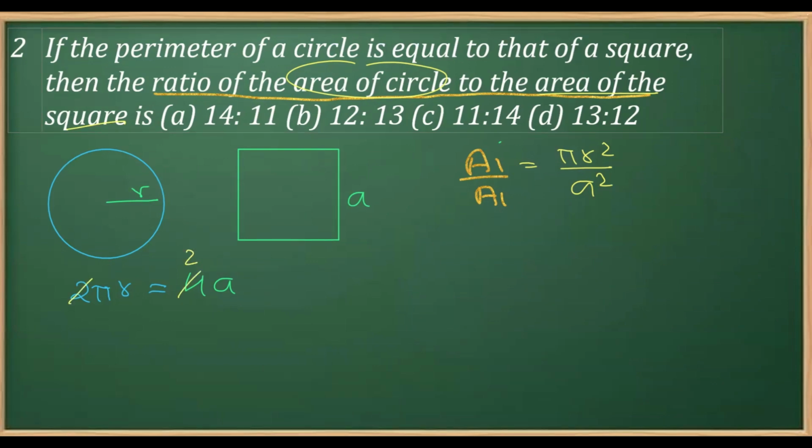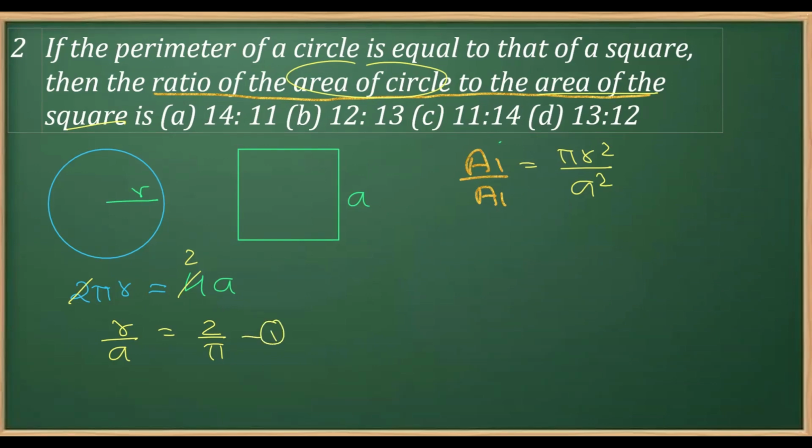I reduced it by 2, and I'm not placing the value of r, simply reshuffling the order so as to get r over a. Why did I do so? Because the ratio to obtain is r square over a square, so I transposed a to the left and pi to the right hand side.